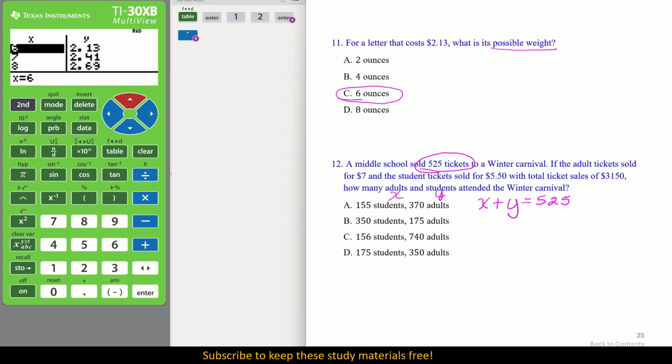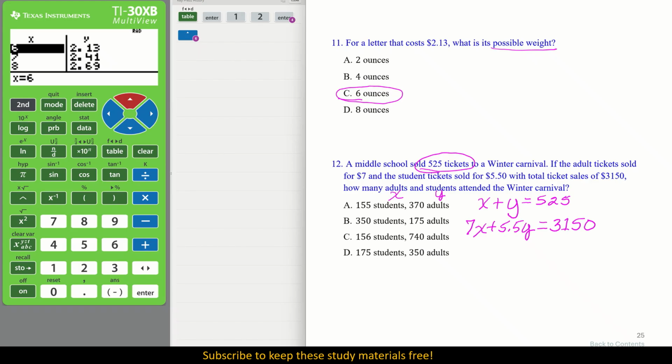So the cost of x adults is $7 times the adults plus $5.50 for each child, which, added together, gives us 3,150.